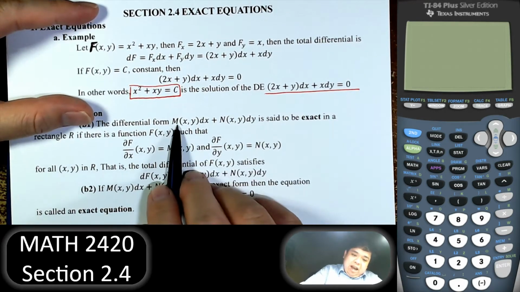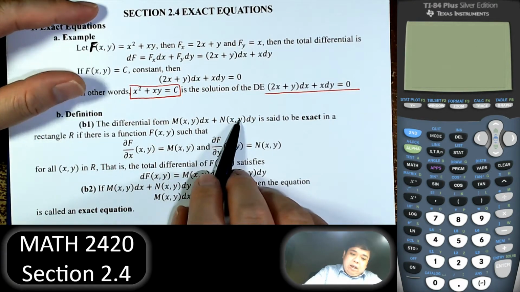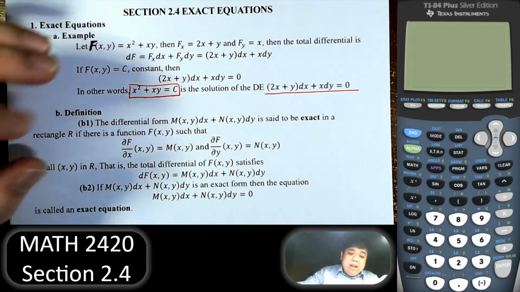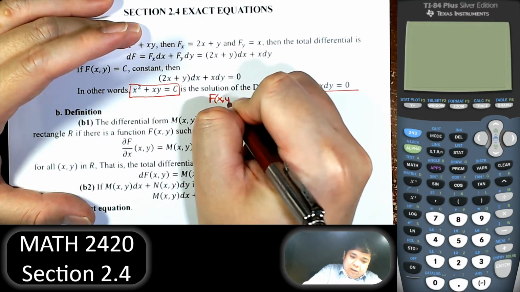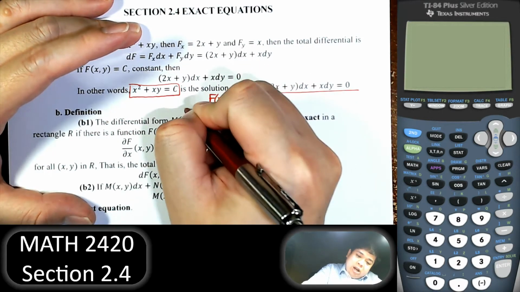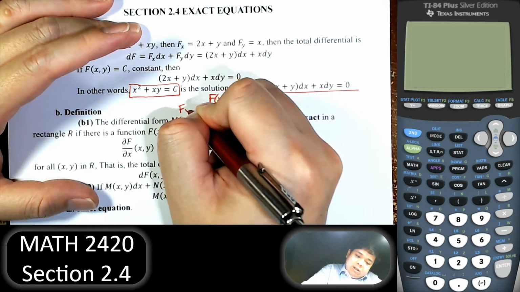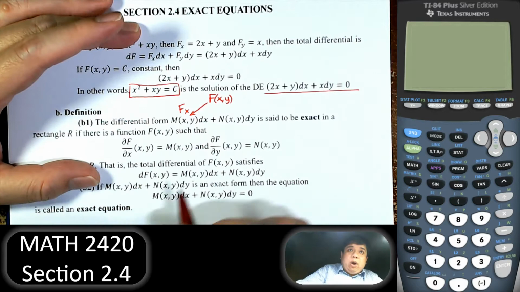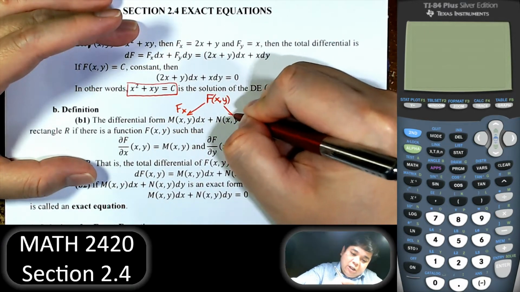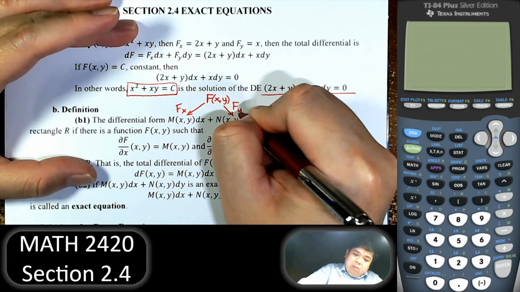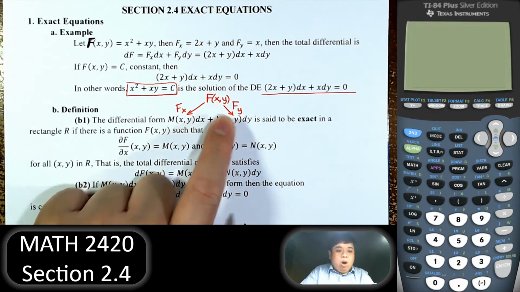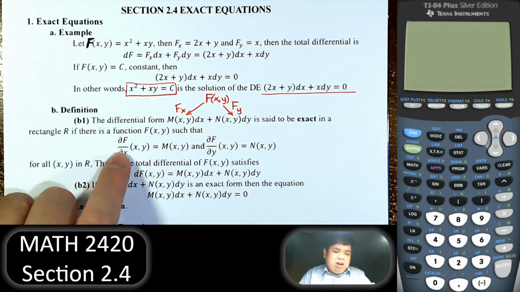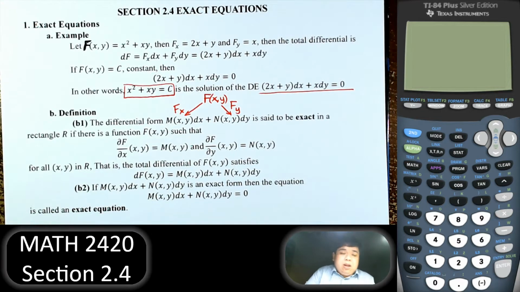When we have this M of x y and N of x y, if there is a function where taking the derivative with respect to x gives us M, and taking the derivative with respect to y gives us N. By the way, I'll use the subscript notation whenever possible: subscript y for the derivative with respect to y, subscript x for the derivative with respect to x, rather than writing those longer notations.